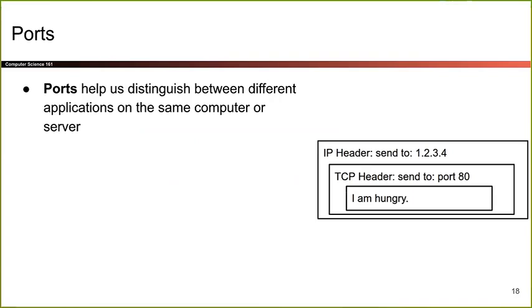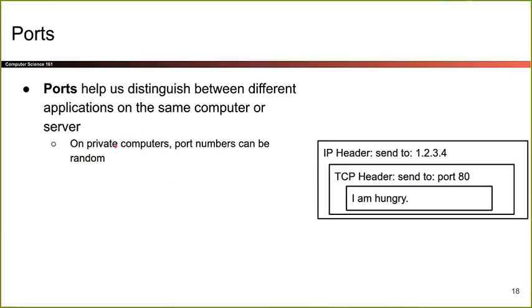Zoom and Firefox and Slack are all sending out IP packets or TCP packets, but when the packets come back, they're all going to come back to the same IP address because my computer has one IP address. But my computer has to have a way of distinguishing: is this a packet for Slack? Is it a packet for Zoom? Who is this packet for? I have to figure that out. So that's what ports are for. A port is a number that tells us, this is a packet for Zoom and this is a packet for Slack, and so on.